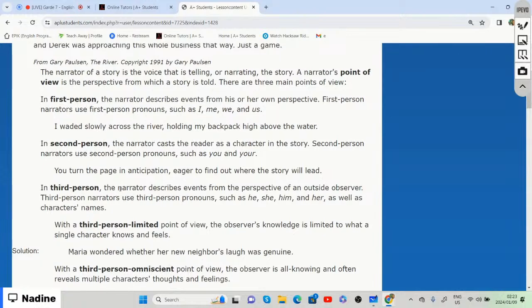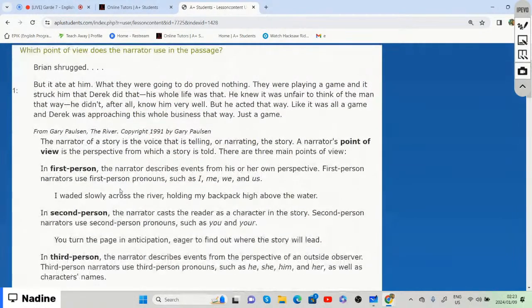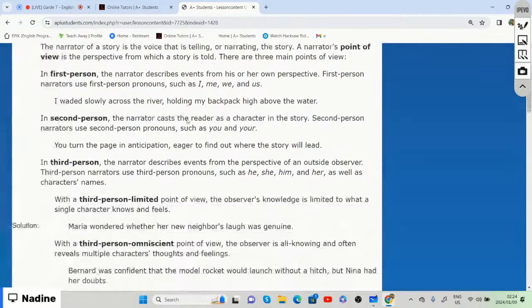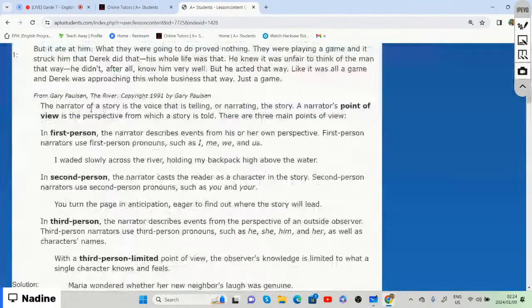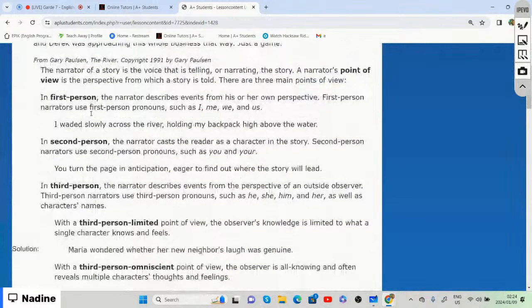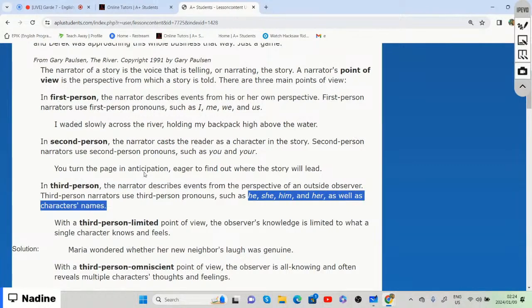Now we're going to say which point of view the narrator uses within the passage: first person, second person, or third person, keeping in mind the pronouns being used. First person: I, me, we, and us. Second person: you and your. Third person: he, she, him, her, as well as the characters' names.